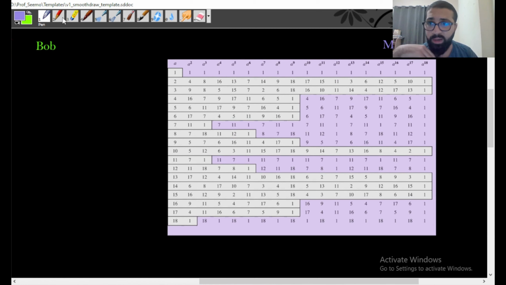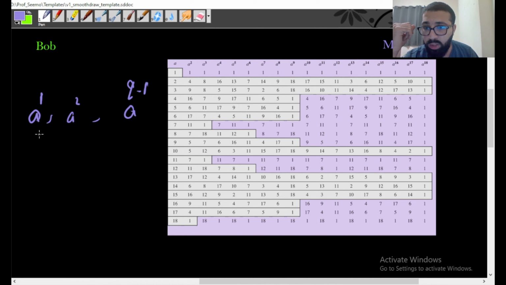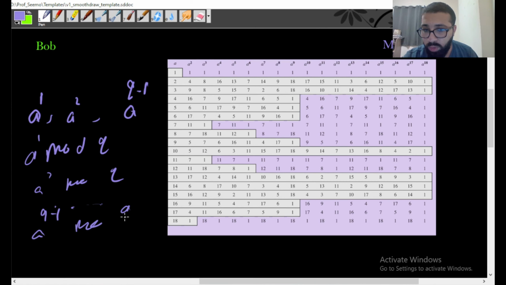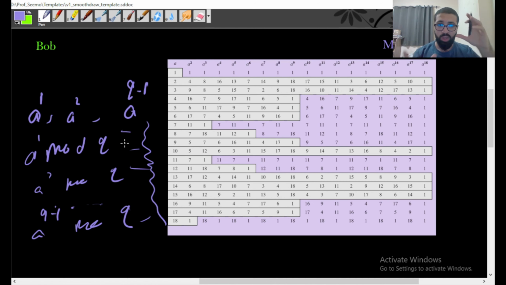So if we have A, and we have A to the power of 1, A to the power of 2, till A to the power of Q minus 1, that is A to the power of 1 mod Q, A to the power of 2 mod Q, etc., till A to the power of Q minus 1 mod Q. The results shouldn't generate a pattern, shouldn't generate predictable numbers. Otherwise the results would fall in some type of range, so the attacker will be able to guess or have fewer options to try.